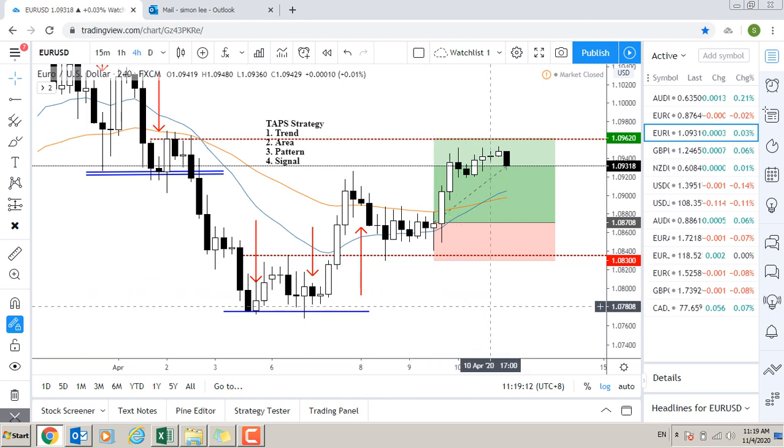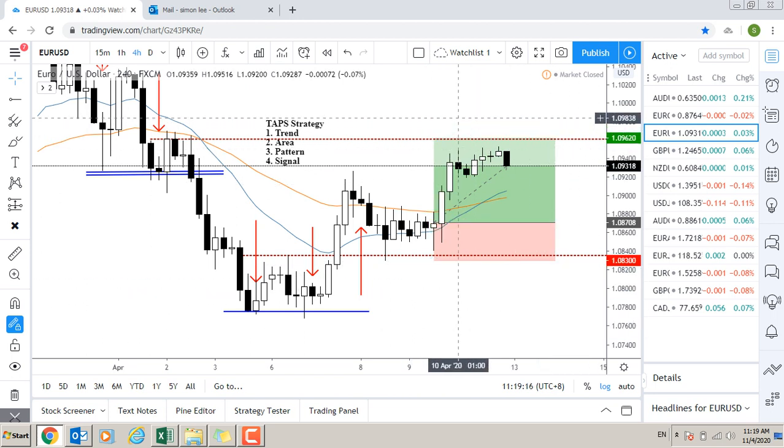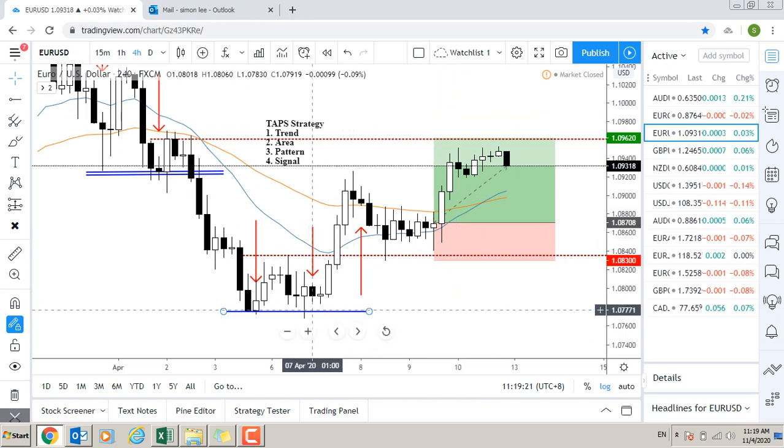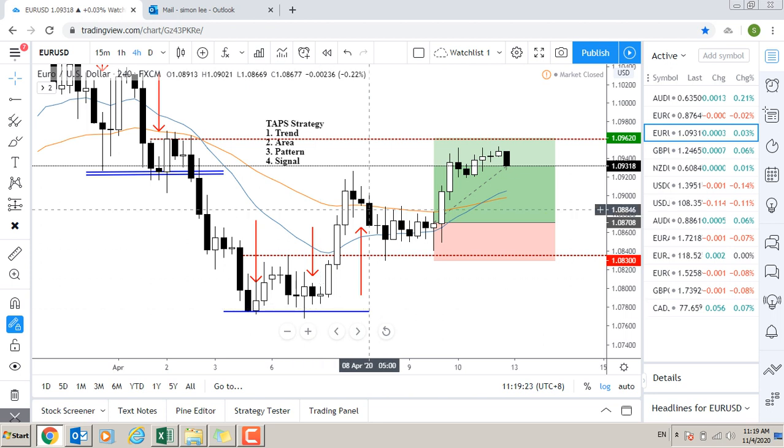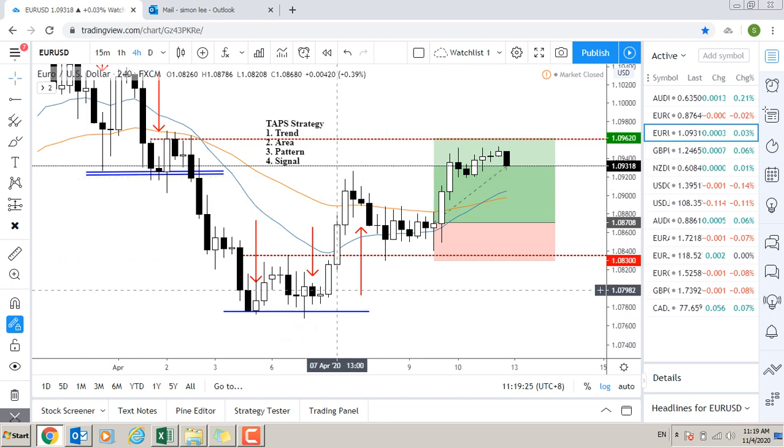Then we jump to the targets. What targets do I want to look at? In an uptrend, we always see a higher high, higher low. In a trade, we always need to form some expectation and predict something to happen based on our experience.